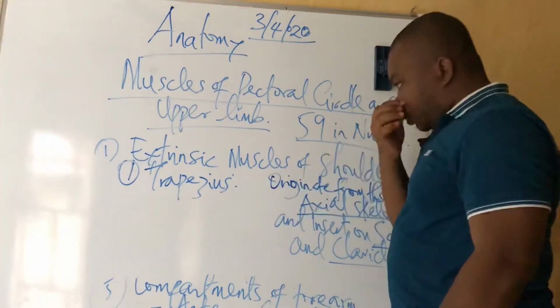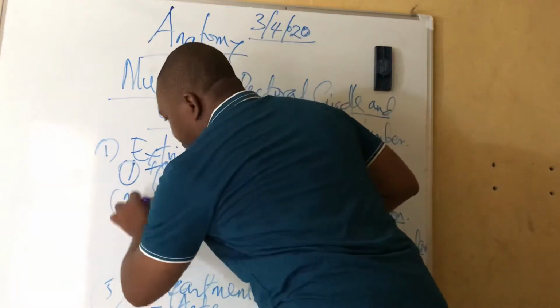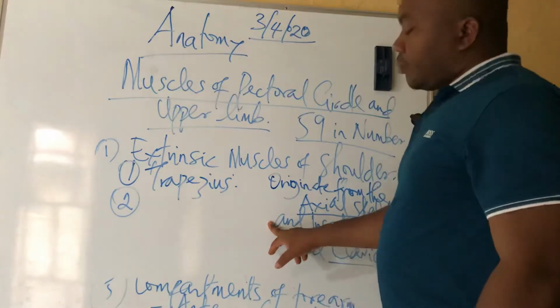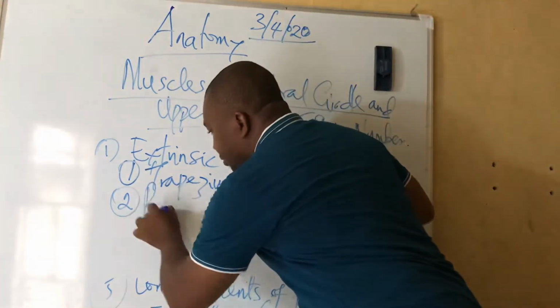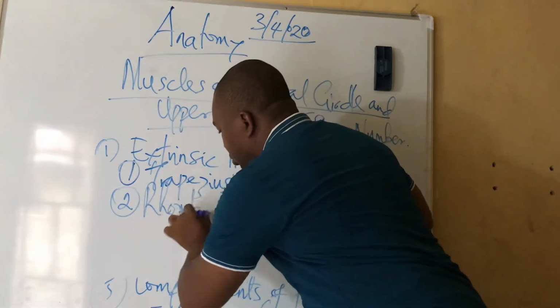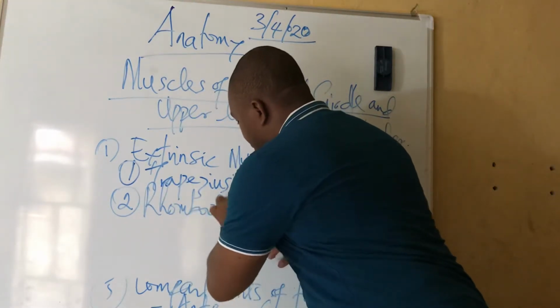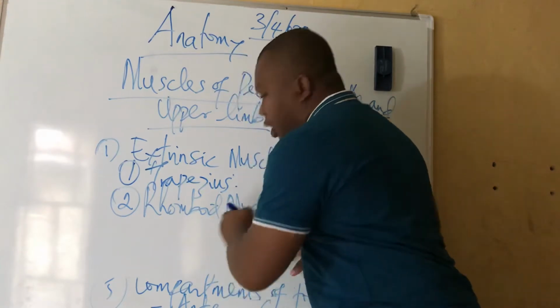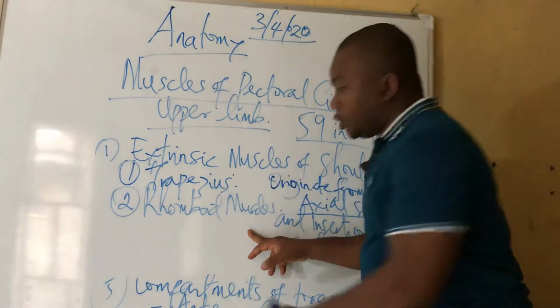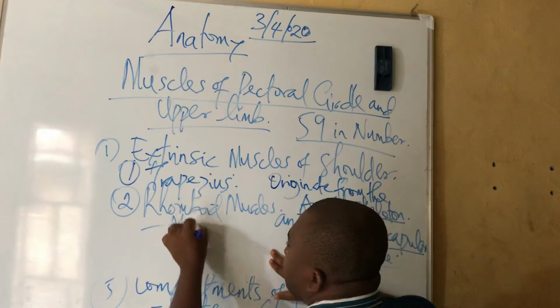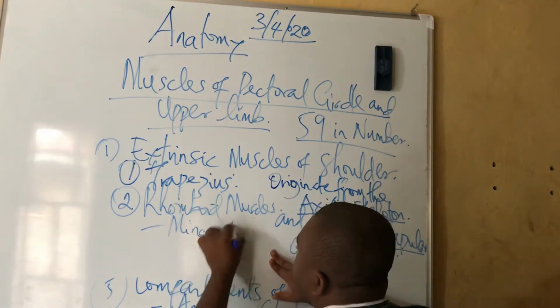Trapezius has gone. The next muscle is called the rhomboid muscles. The rhomboid muscles, you have two of them. You have the rhomboid minor and rhomboid major.